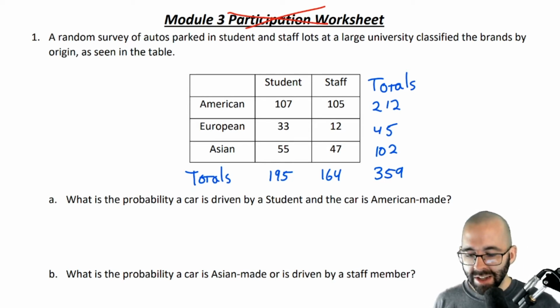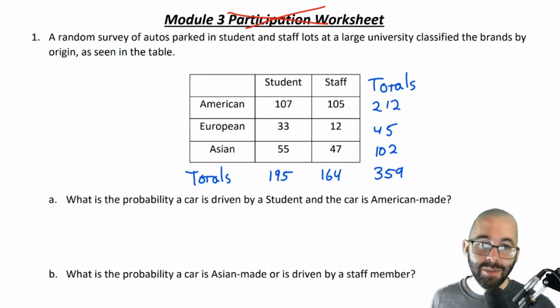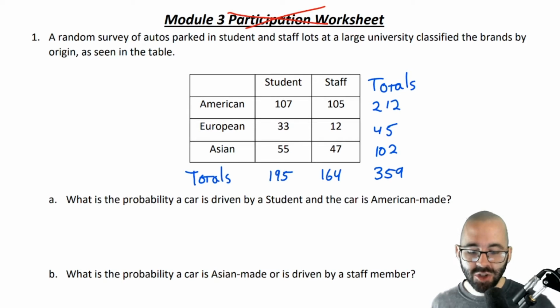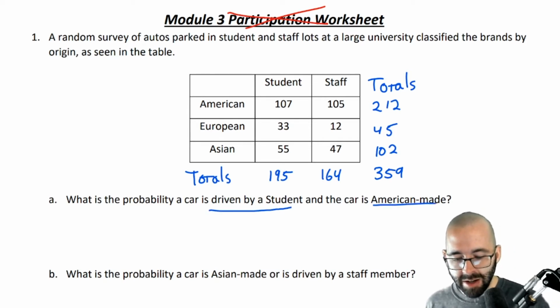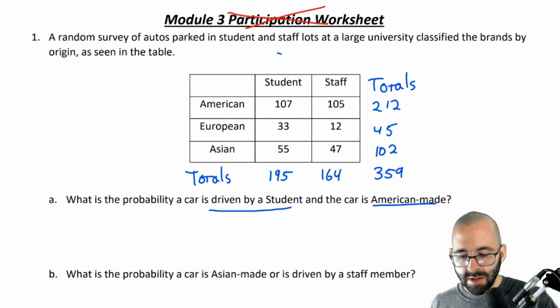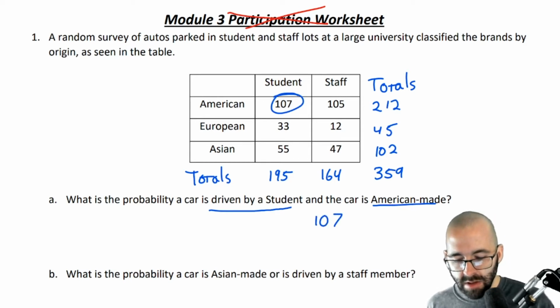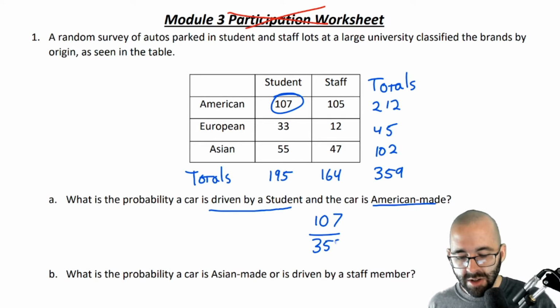So what's the probability a car is driven by a student and is American made? Okay, this is a joint probability. Driven by students is everything in this column. So what in this column is also American made? It's 107 out of the 359 total.